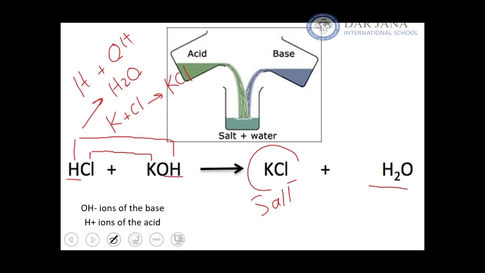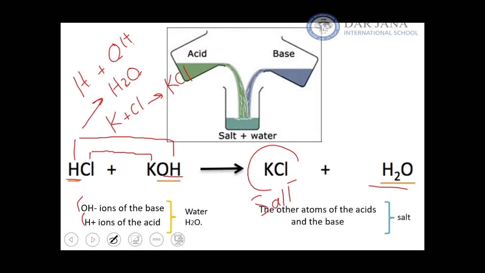Hydroxide ions of the base combine with the hydrogen ions of the acid, and they will lead to the formation of water. The other atoms of the acid and base combine together.